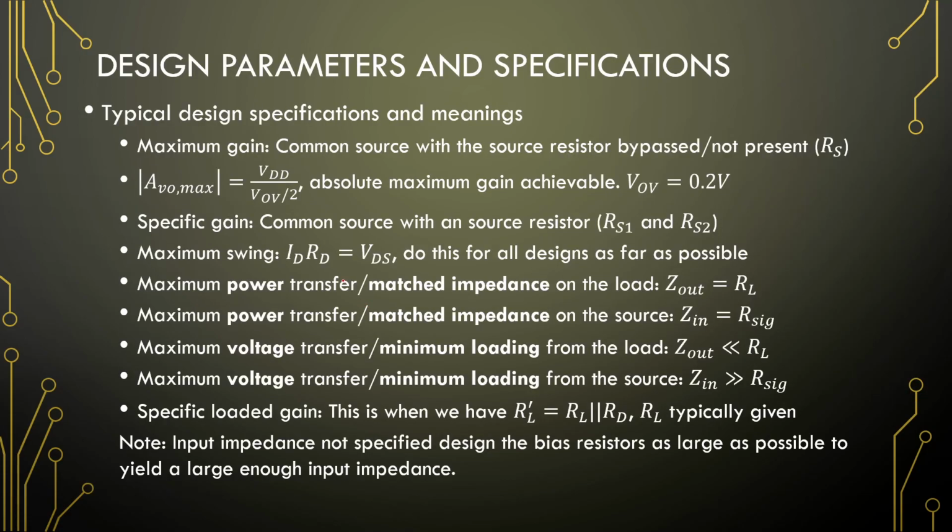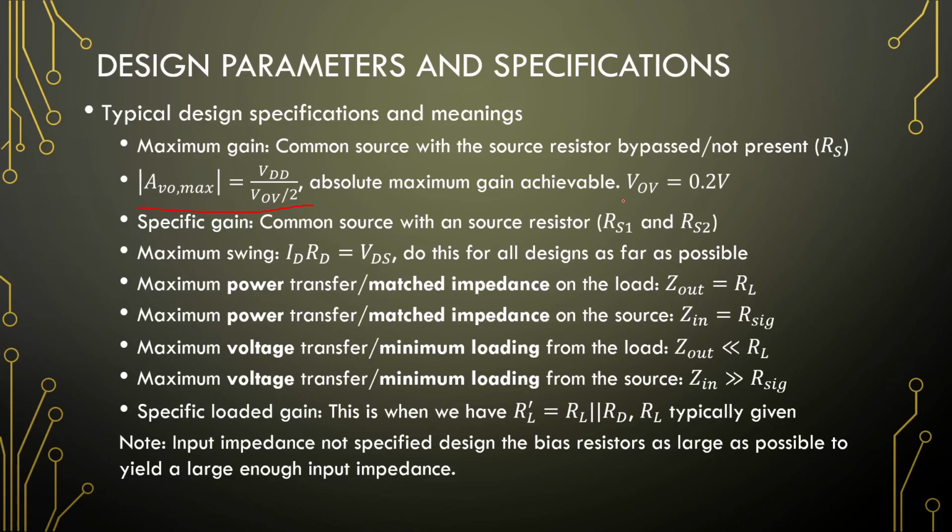Right, so typical things to design for is maximum gain, and that's when there is no source resistor present. And a typical for the maximum gain is it's very dependent on the VDD voltage divided by the overdrive voltage over 2.